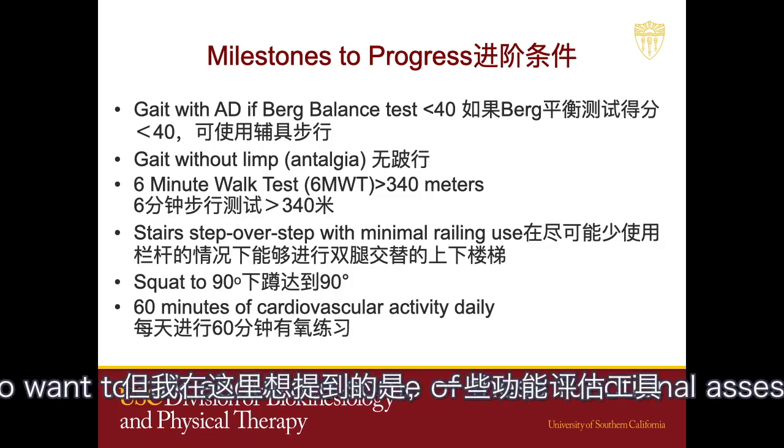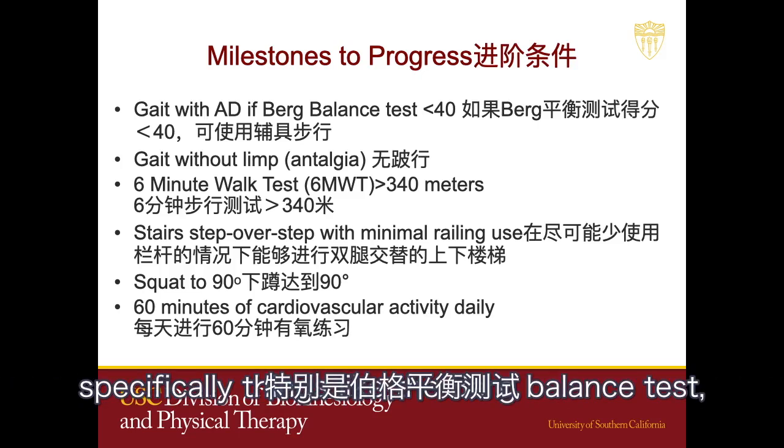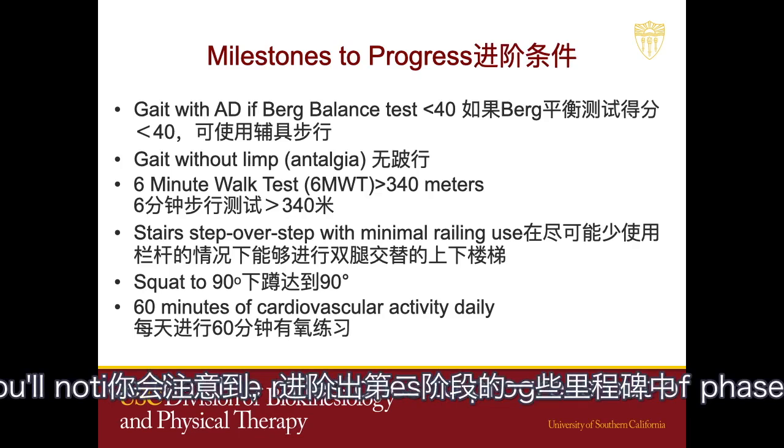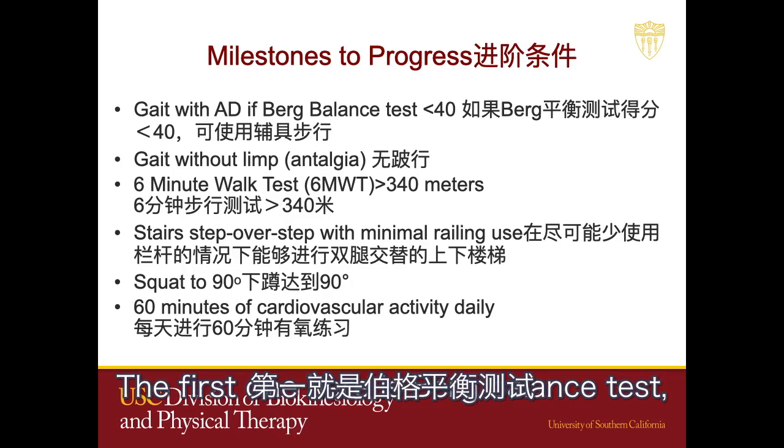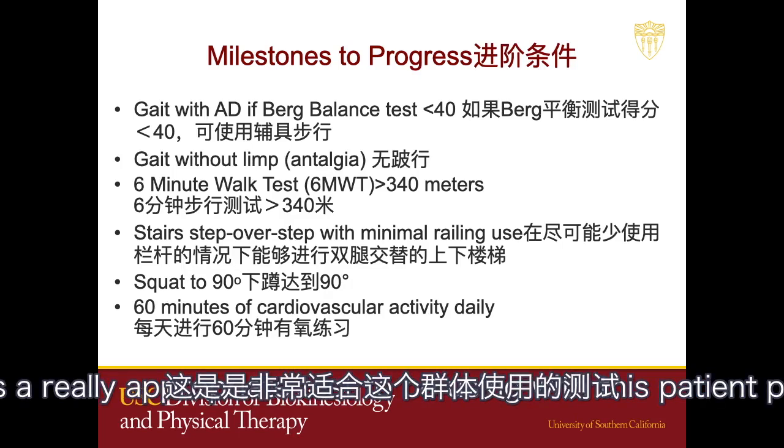But what I do want to talk about are some of these functional assessment tools, specifically things like the Berg balance test. So you'll notice that for the milestones to progress out of phase 2, we provide you with some very important numbers related to functional testing. The first one here is the Berg balance test, and this is a really appropriate test to be using with this patient population.